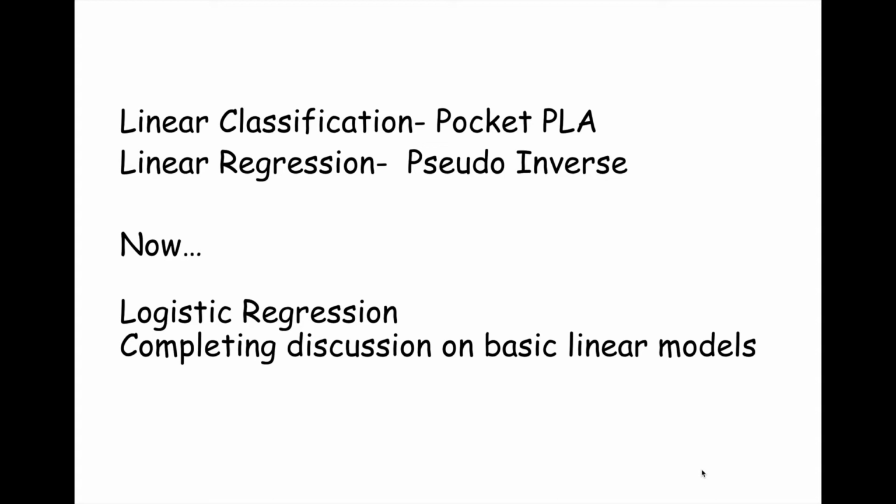And moreover, we tied these two together, linear regression and classification, by using the regression weights as a kind of bootstrap starting place within the set of hypotheses, and then running PLA on that. And that's something you can absolutely do and get an improvement. So now we're going to introduce another linear model to complete our discussion on these basic linear models.